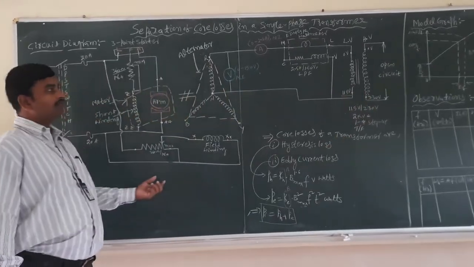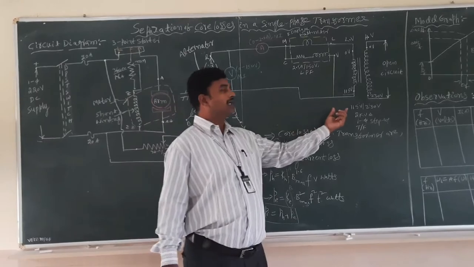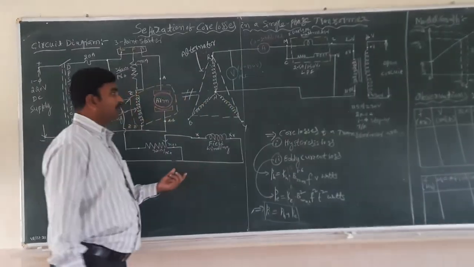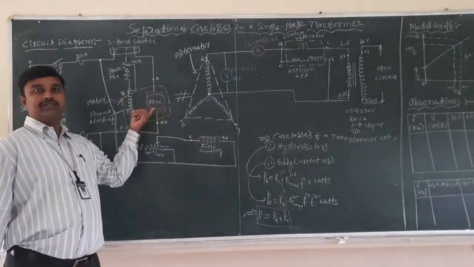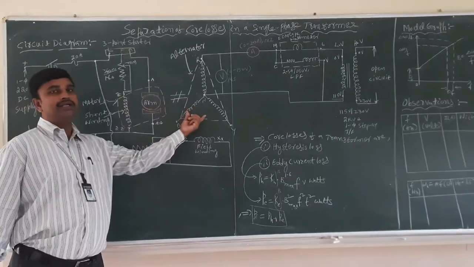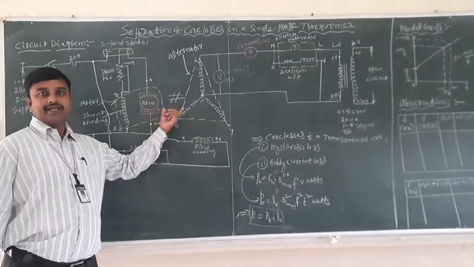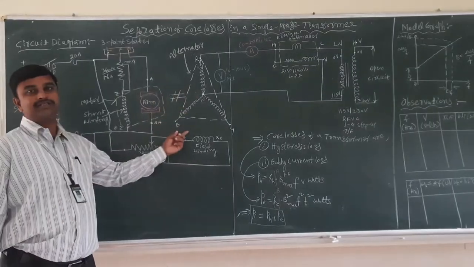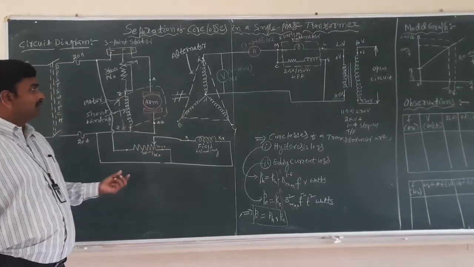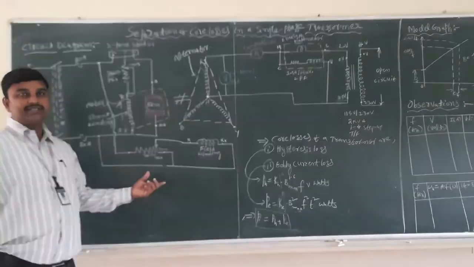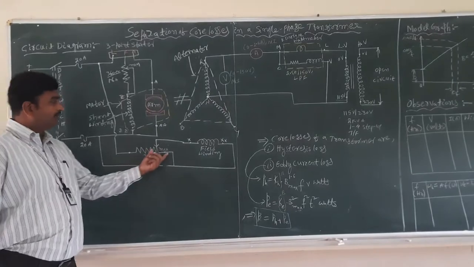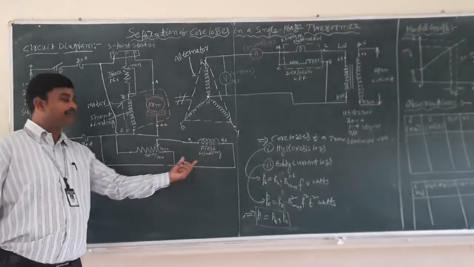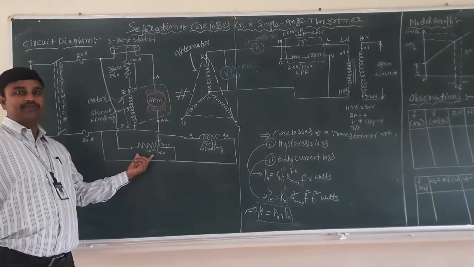Now, how do we operate the transformer for measuring the core losses? Once the DC shunt motor and alternator run at the rated speed, that is 1500 rpm, because the alternator consists of 4 poles, we have to give excitation to the alternator field with the help of a rheostat.